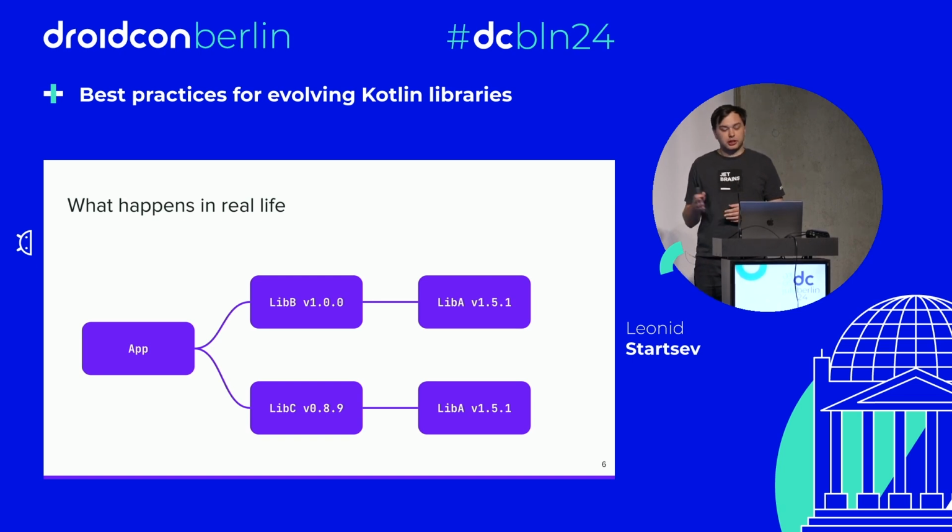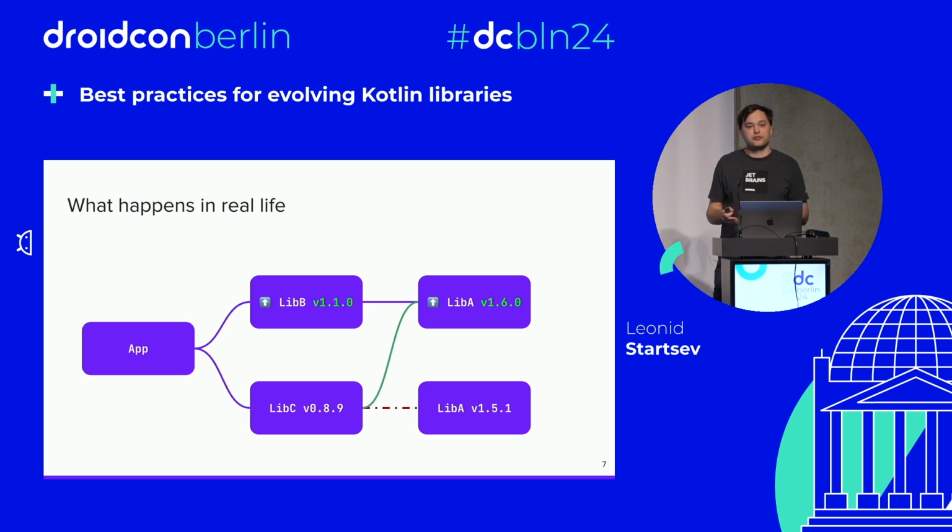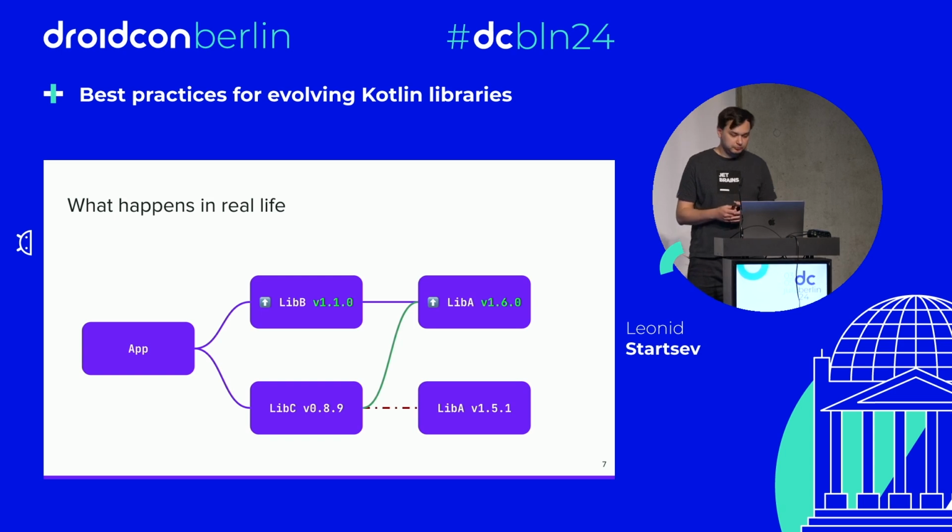So when we have library A in our dependencies, not directly, but as a transitive dependency, we have some additional libraries, B and C. So what happens in this case when the application developer updates library B, which contains a dependency on a fresh version of library A with an incompatible change?